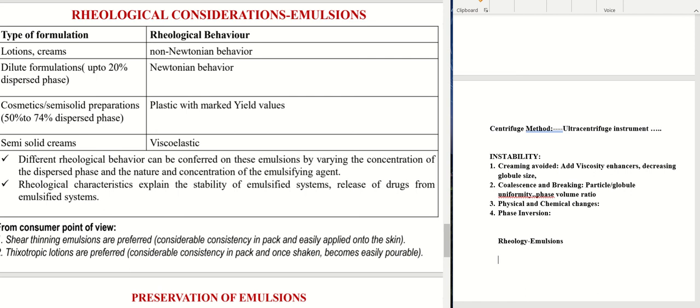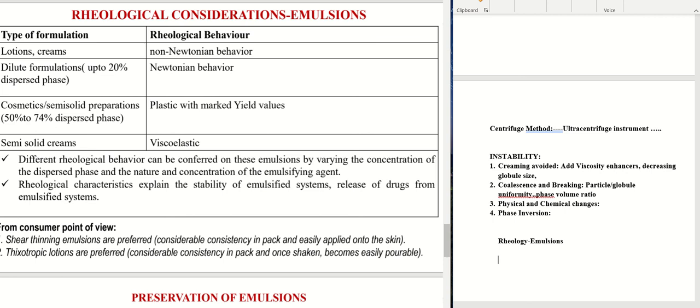Okay, let me continue with this. Non-Newtonian systems are the systems which show a change in viscosity when a stress is applied. Newtonian systems are the systems where viscosity does not change even if you apply stress.